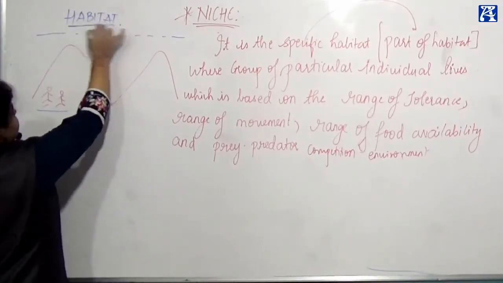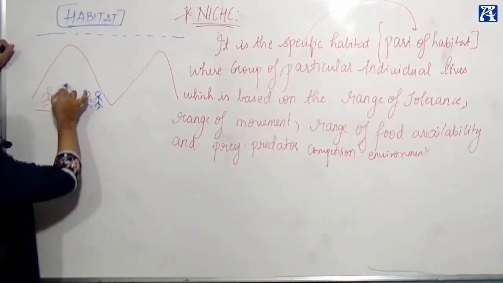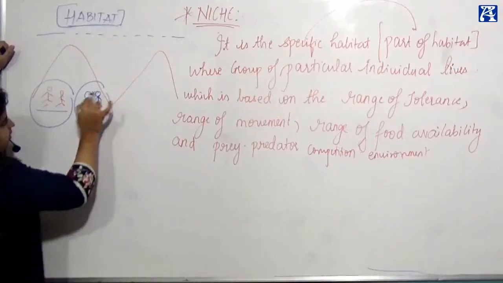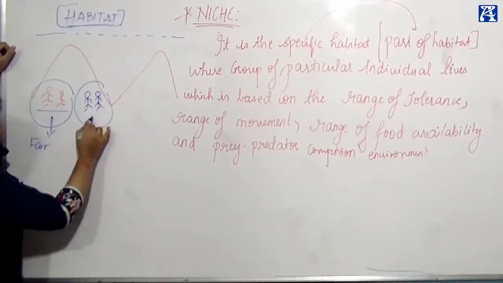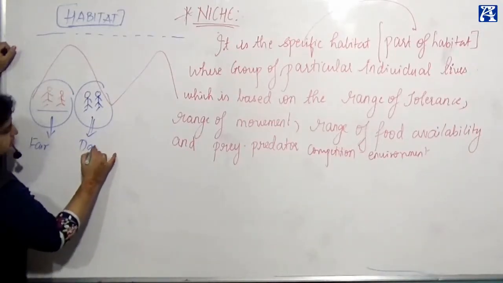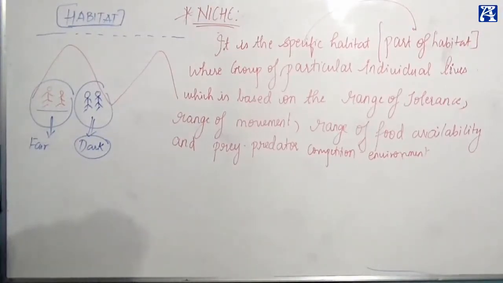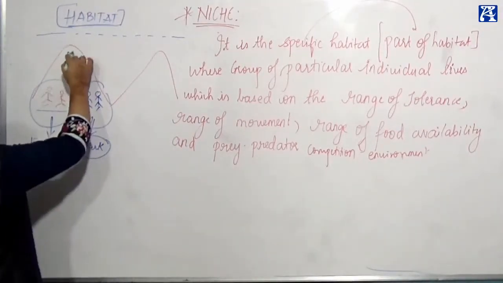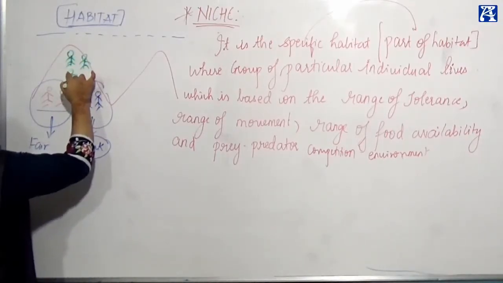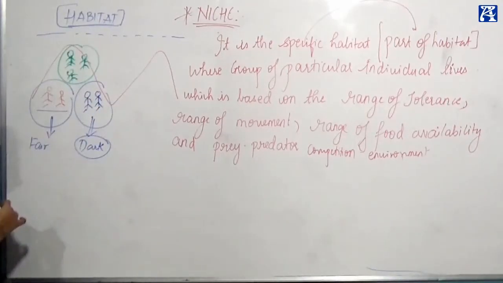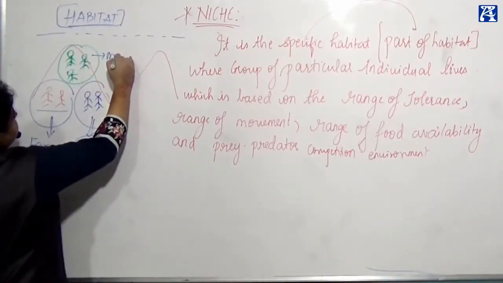If this is a habitat, the particular community living here is fair, this one is dark. A few communities living here are moderately dark or moderately fair.